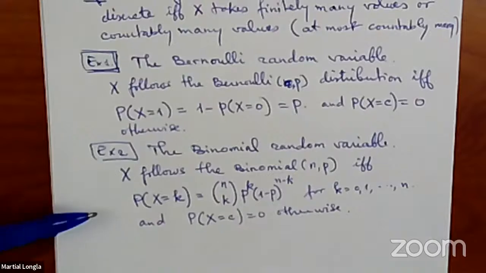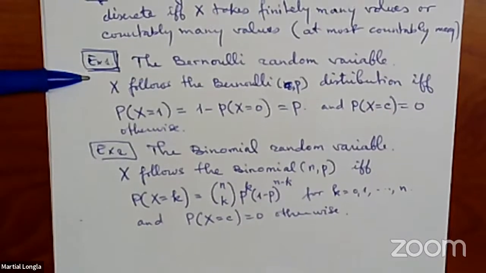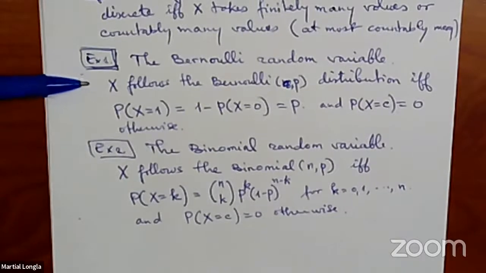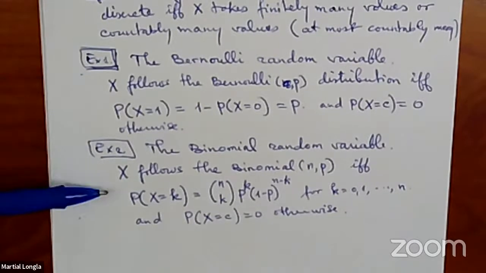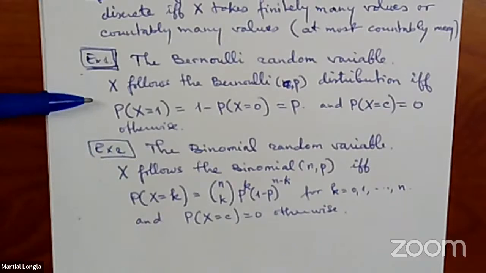This random variable, as we will see later, is related to the first one. In fact, you obtain a binomial random variable by running a Bernoulli experiment n independent times and adding the number of ones, or adding the number of successes.